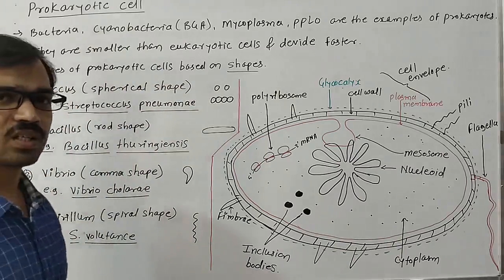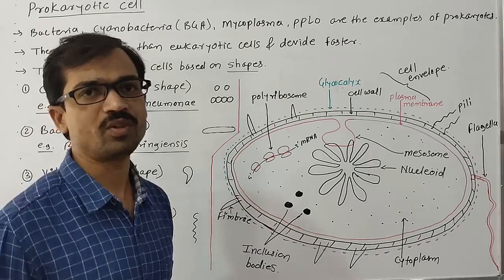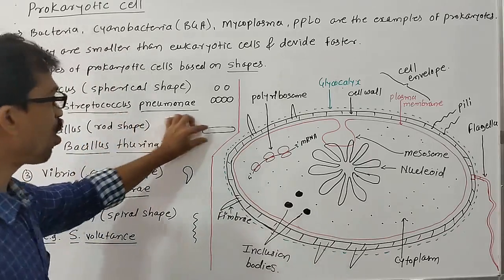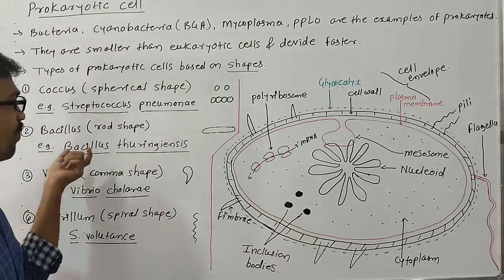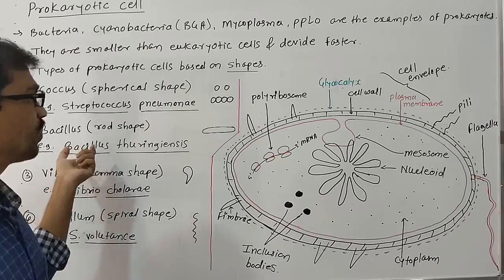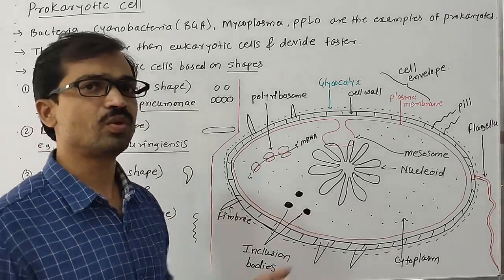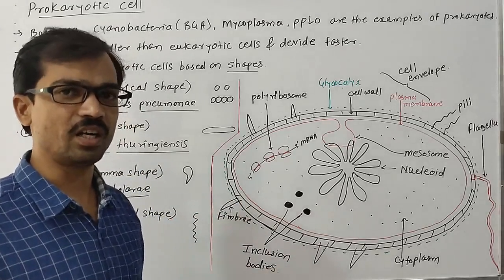The second type, having a rod-like shape, is Bacillus, and an example of rod-shaped bacteria is Bacillus thuringiensis, which we will study in the 12th standard in detail.